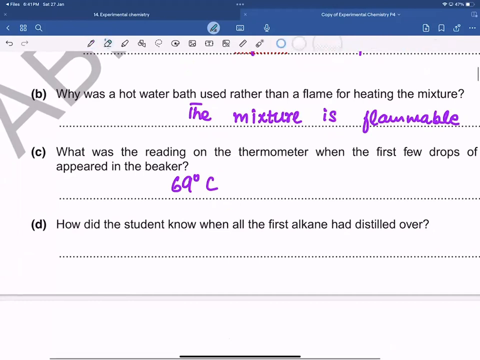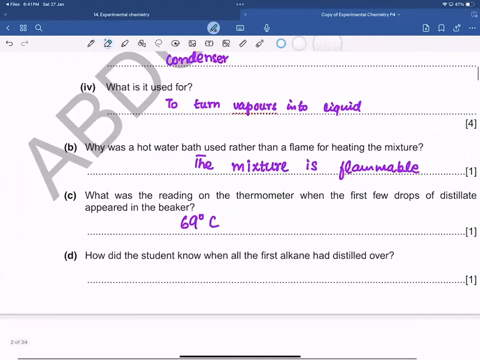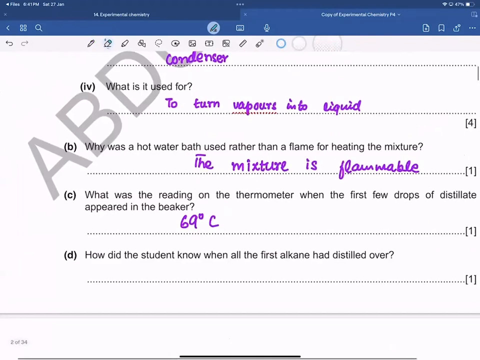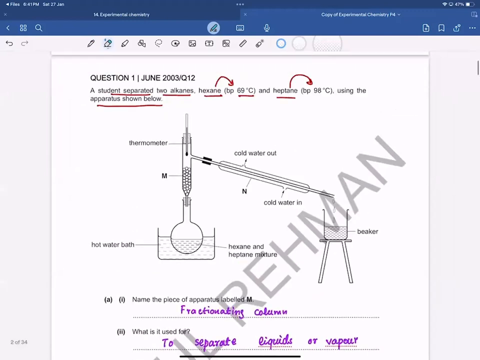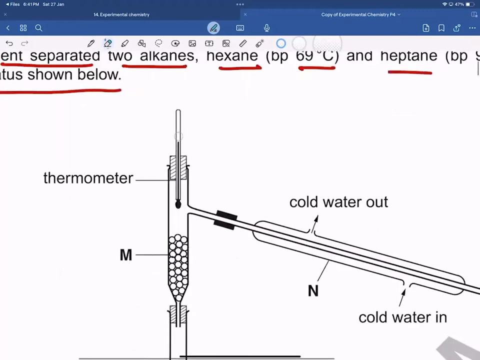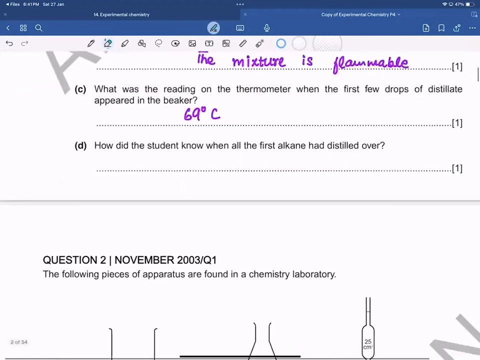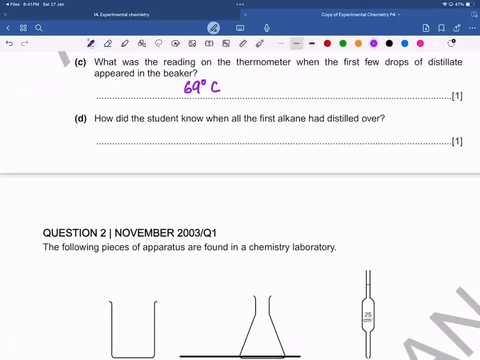How did the student know when all the first alkane had distilled over? When the thermometer starts, what happens? When the temperature starts increasing, when all of one of the liquids is collected over here, the thermometer starts rising.